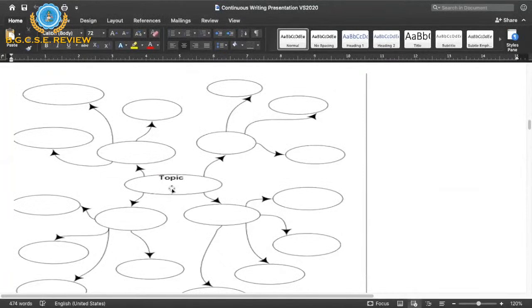So right here, you should have your topic. Here, you should have your main idea 1. Let me see if I can annotate for you. So you should have main idea number 1 here, main idea number 2 here, number 3, and number 4, okay? Good. They are our main points. All of this now is filled in.